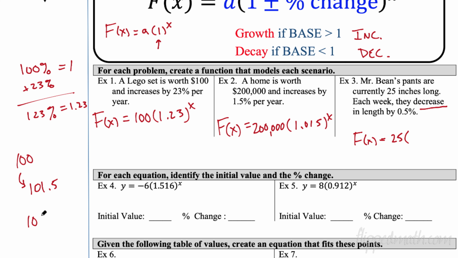So we're going to go down 0.5%. That's going to leave us at 99.5%, which if I write it as a decimal would be 0.995. And we raise that to the x power. So things to notice, if it's above the number 1, it's going to be an increase. But if it's below the number 1, it's going to be a decrease. And you have to measure the distance from 1 to find out what decrease that is.